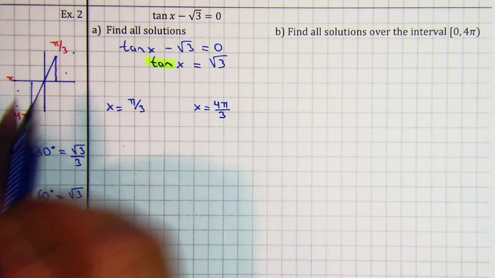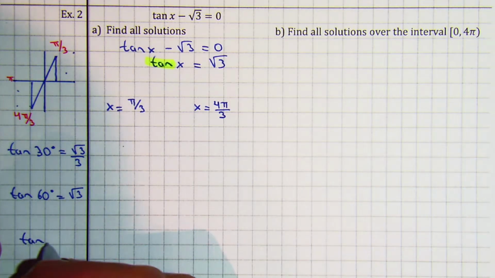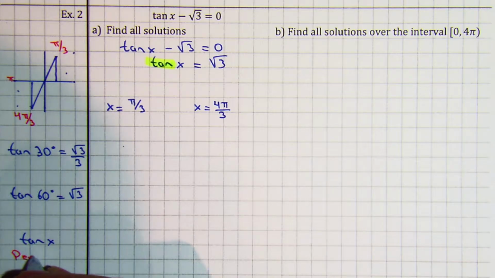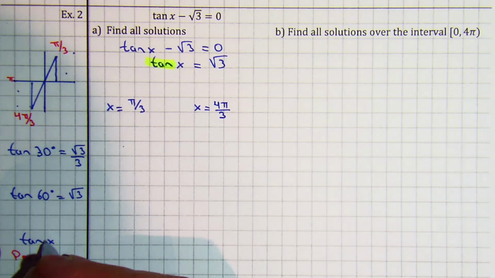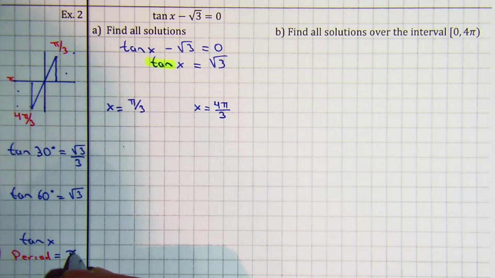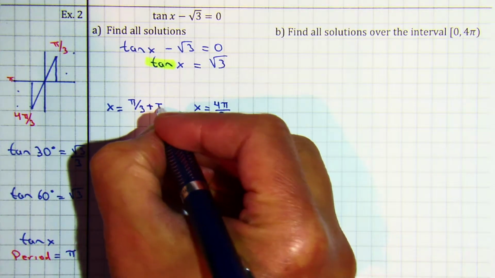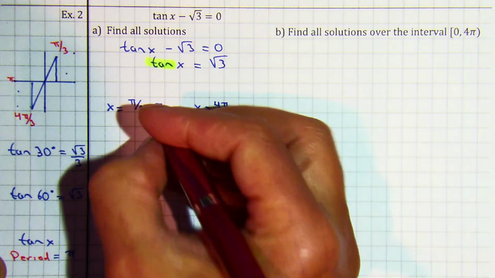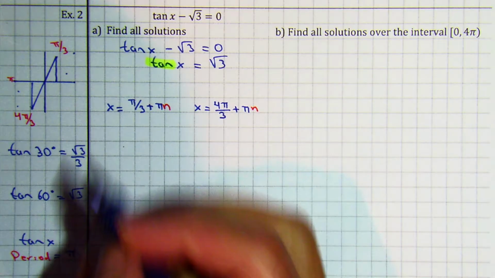Now, what is the period for tangent of x? The period is pi over b. In this case, your b is 1, so therefore it's only pi. So it's going to be plus pi n, where n is any integer.